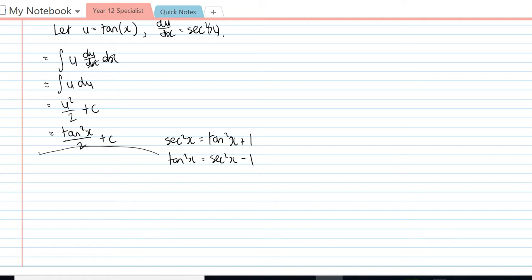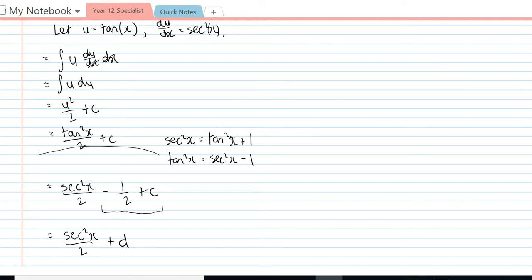If I make that substitution, I'm going to get sec squared x on 2 minus 1 on 2 plus c. But minus half and plus c is still really just a constant, so I can write that as sec squared x on 2 plus d. Notice that the constant has changed from what we had originally, so I should use a different letter for it. That's how you can arrive at the answer that the calculator gives as well.